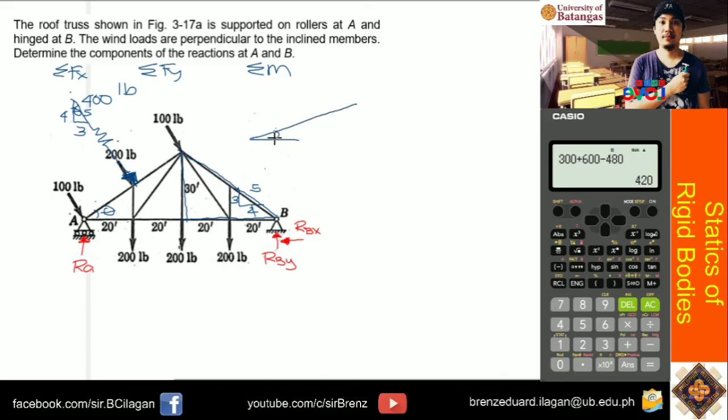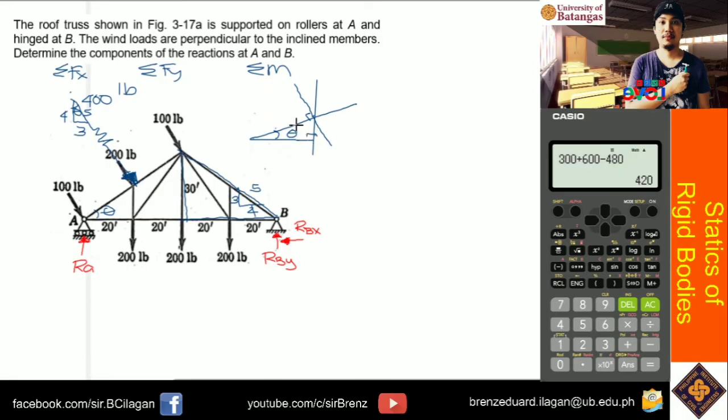Ayan. So, di ba ito yung theta? Ito yung inclined surface, di ba? Kaya sabi nga, perpendicular siya dito. Ayan. Na-form siya ng 90 degrees. Ngayon, kung drawing ako dito ng vertical line, ayan. Hindi siya vertical. Tabingi eh. Pag nag-drawing ako dyan ng straight line, so di ba ito 90. Tama?